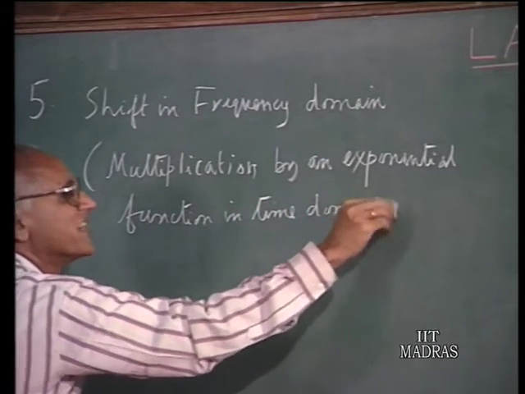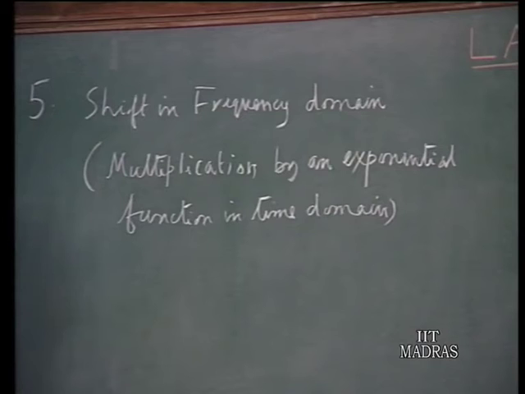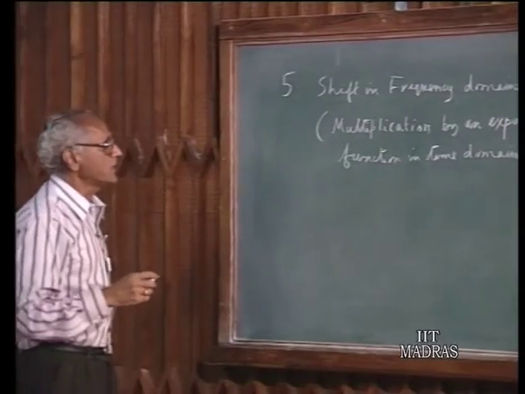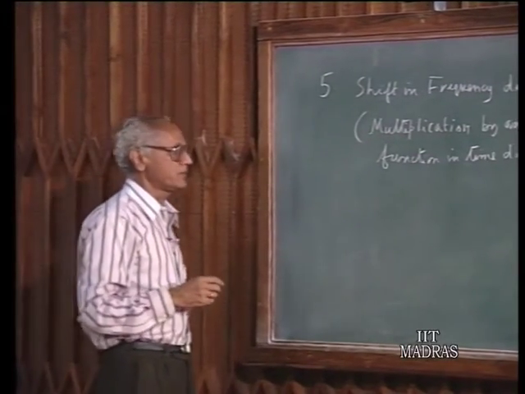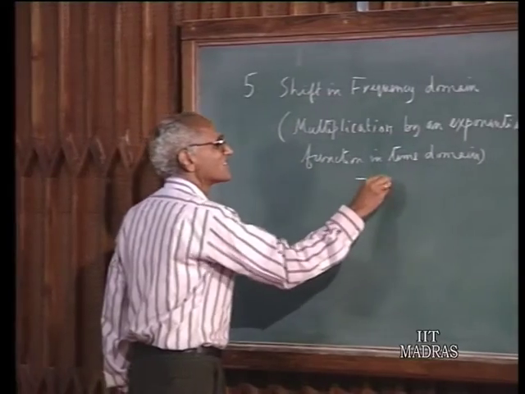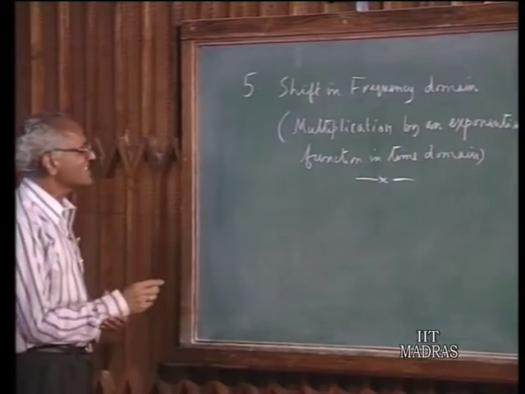What we are going to show is that if you multiply an f of t by an exponential function like e to the power of minus alpha t, it corresponds to a shift in the frequency domain, that is the S plane or S domain.